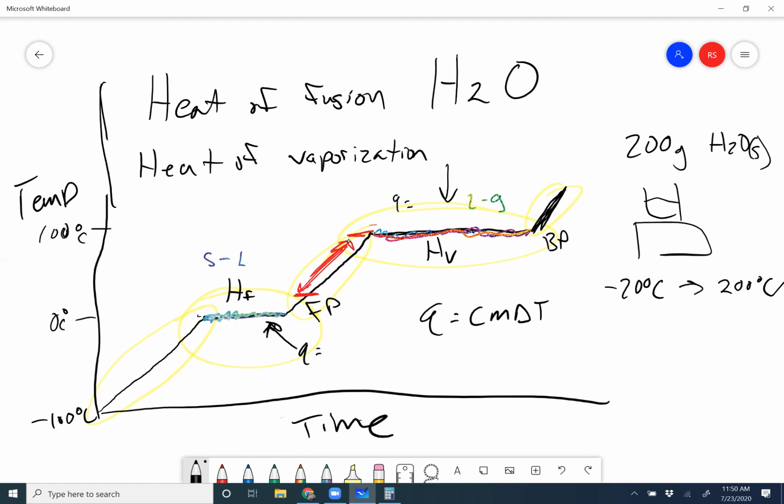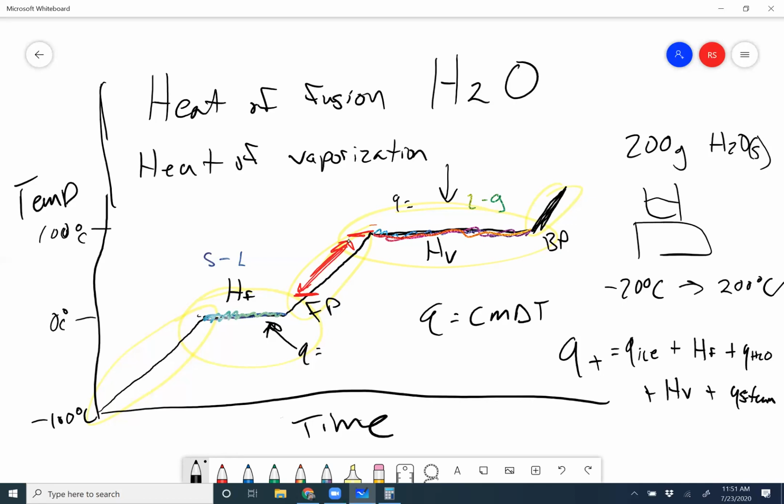Well, to do that, the Q total will be equal to the Q of the ice temperature change plus the Q of the heat of fusion, plus the Q of the water, plus the heat of vaporization, and then plus the Q of the steam.